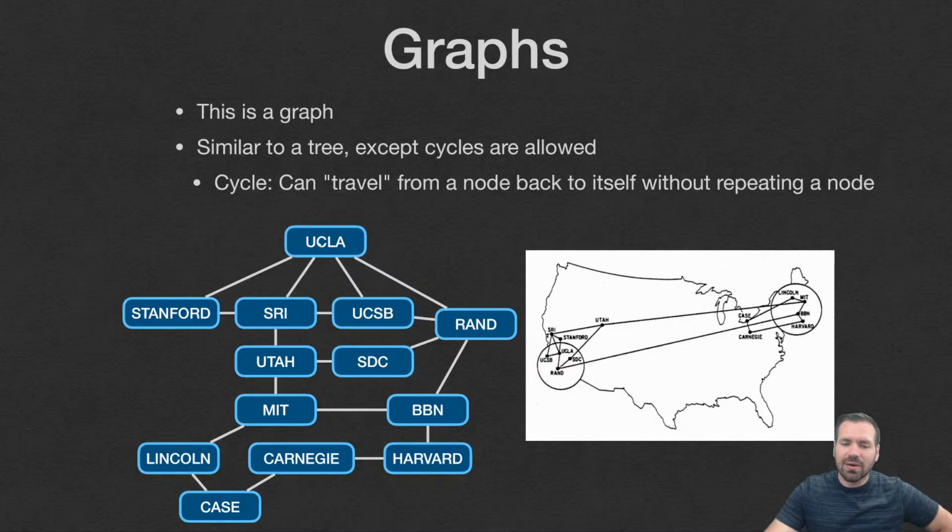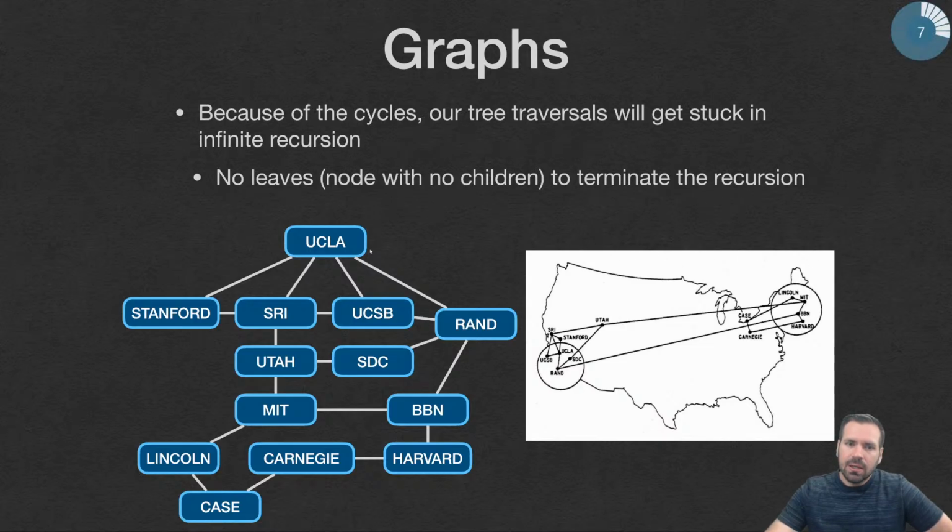So cycles are allowed in a graph, and we're going to have to be aware of that in all of our algorithms and be able to take that into account. Whenever we're writing an algorithm that works on a graph, we have to make sure we don't get stuck in a cycle and go infinite, because all of our recursion that we use with trees is going to go infinite.